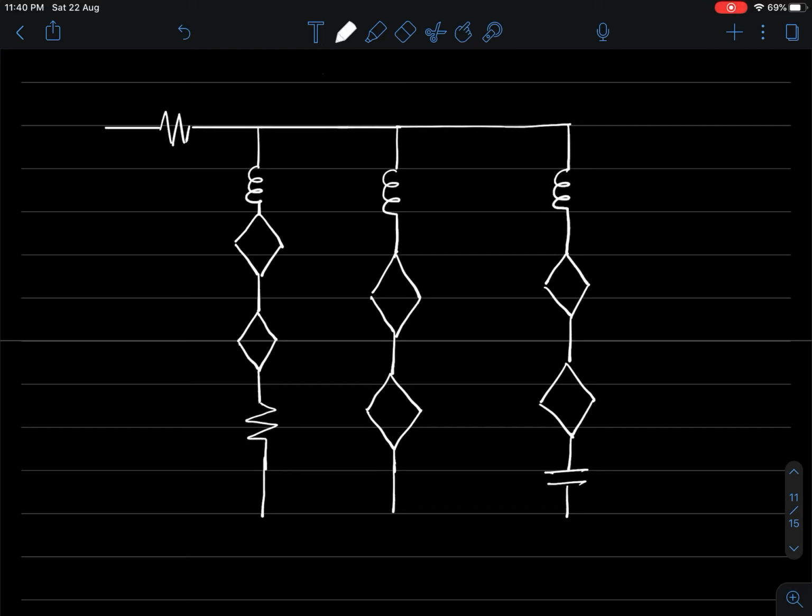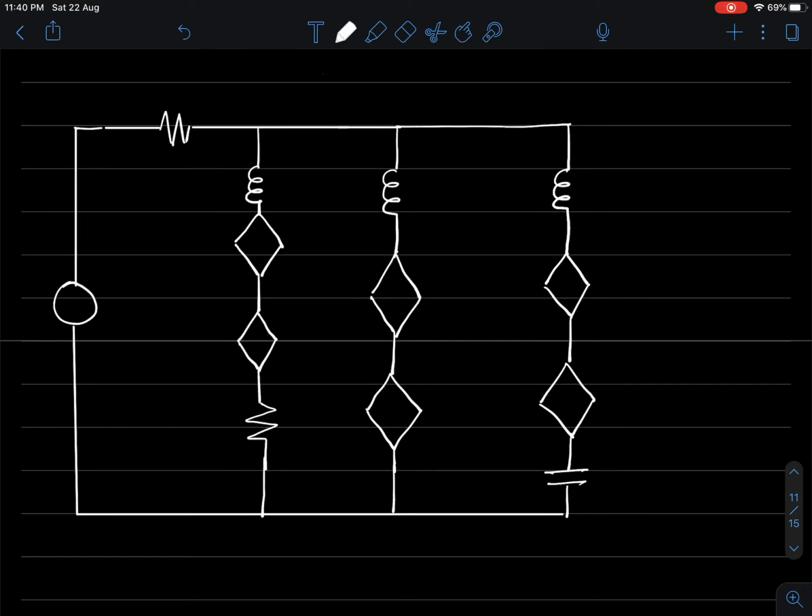I'll extend these lines and draw a straight line. I need to take a source. There is another source. Alright, so I'm able to write the network.